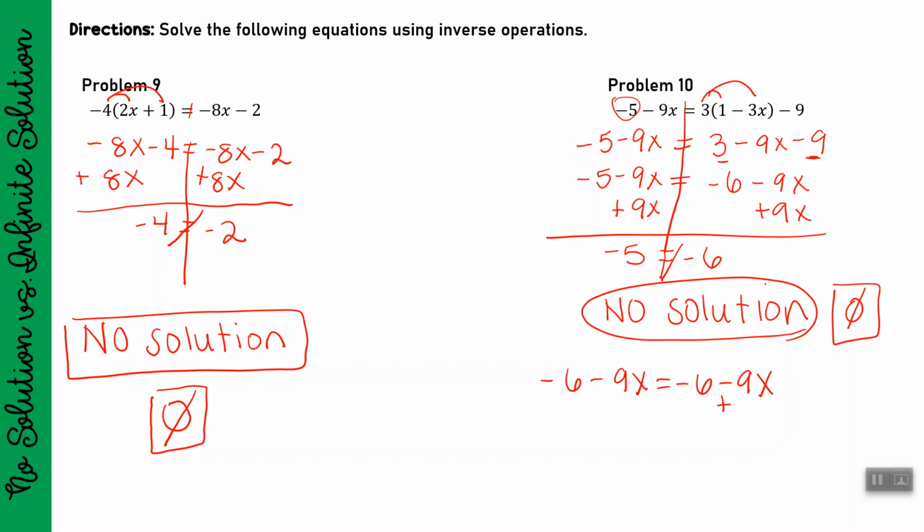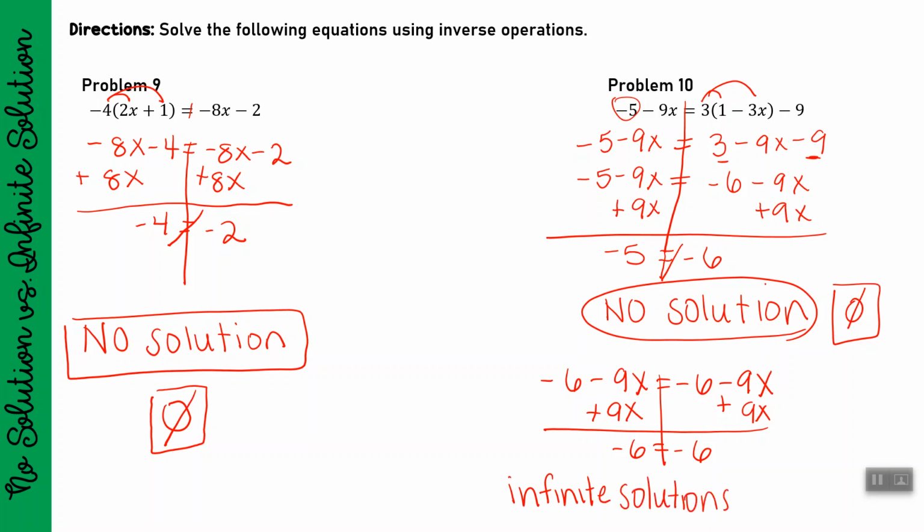And so when I would have added the 9x to both sides, I would have had negative 6 equals negative 6. That makes sense. Those are equivalent. Negative 6 is equivalent to negative 6. And that's actually where we would have infinite solutions. Or we can put an infinity sign. Either one would be fine.